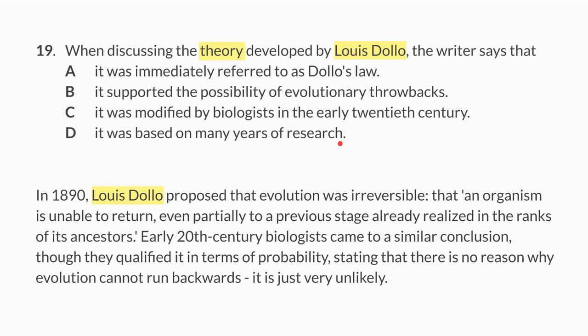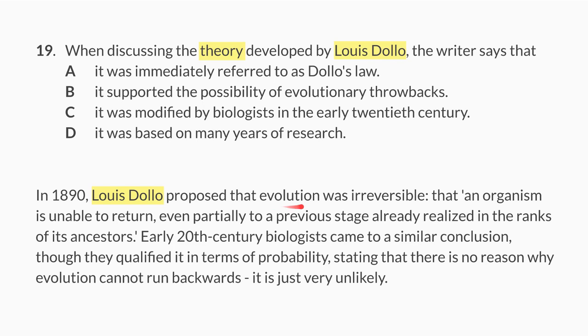So I'm going to scan around this area to see what other keywords from the answer choices I can find. I've already found my keyword from the question, but now I want to check for the keywords from the answer choices to find out which one is going to be the correct answer. So let's do that.